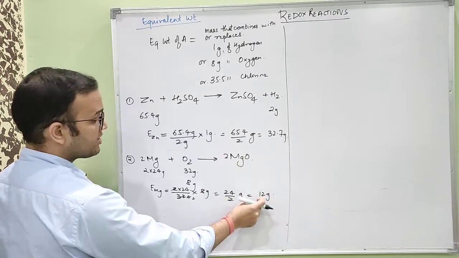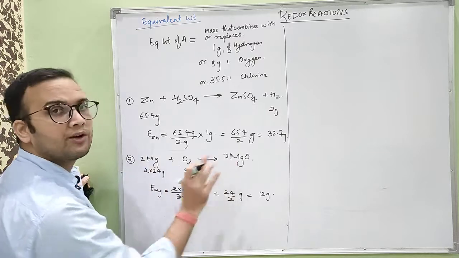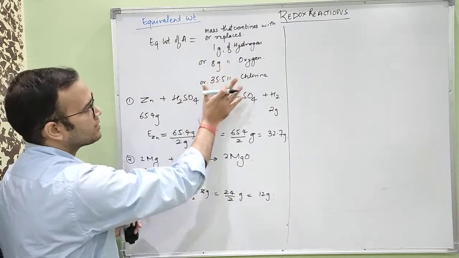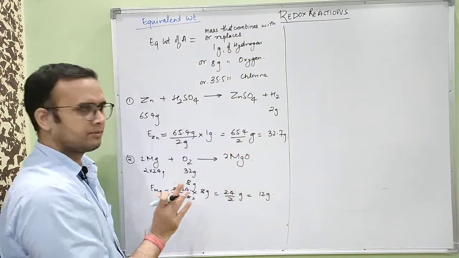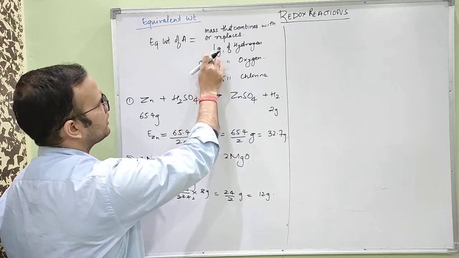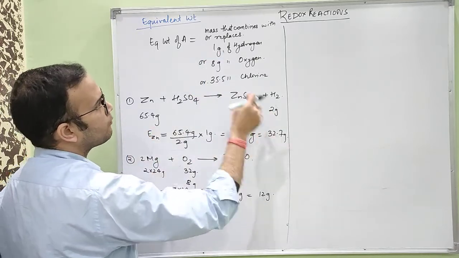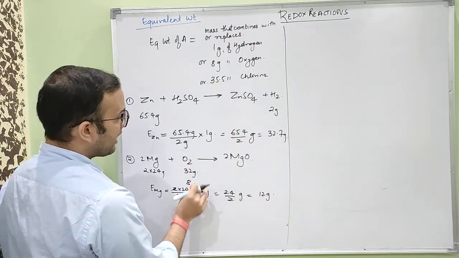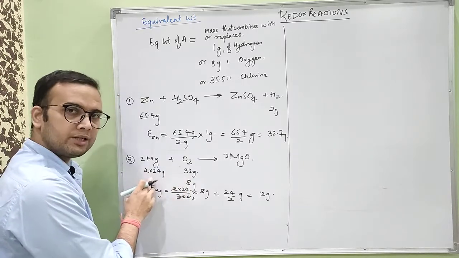This is the equivalent mass, the equivalent weight of Mg in this particular reaction. Are we clear? According to this definition, are we not calculating it correctly? Check it. For 1 gram of hydrogen, 32.7 gram of Zn are required. To combine with 8 grams of oxygen, we need 12 grams of Mg.